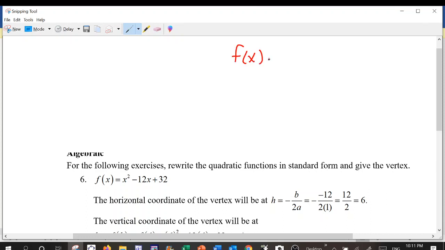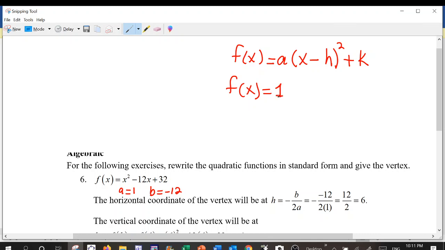f of x equals a times x minus h squared plus k. Now, we know in this form, here a is 1 and b is negative 12, right? So let's use that. a is the same, a is a in both forms.